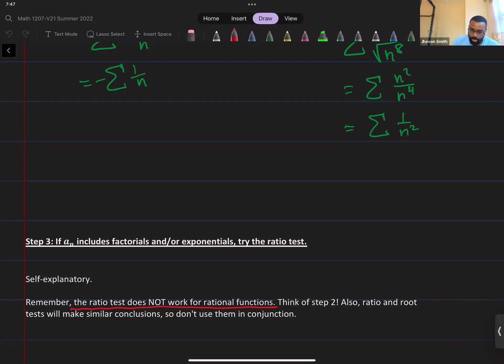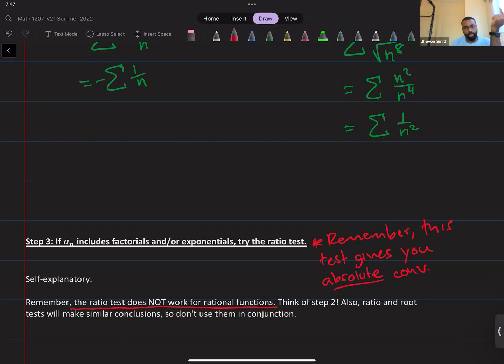And so I'll mention, remember, this test gives you absolute convergence. By the way, the geometric series test also does that.